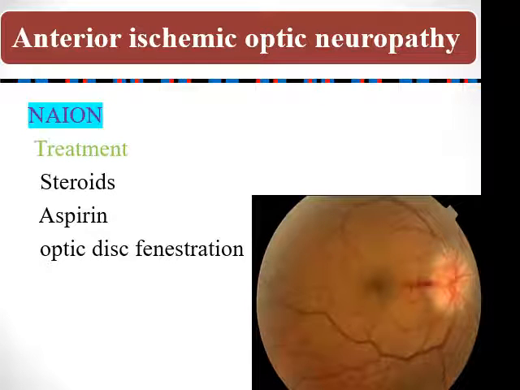To date, there is no definite treatment of non-arthritic anterior ischemic optic neuropathy. Control of the systemic risk factors is important. Some authors are in favor of use of short-term steroid therapy for better chance of improvement.